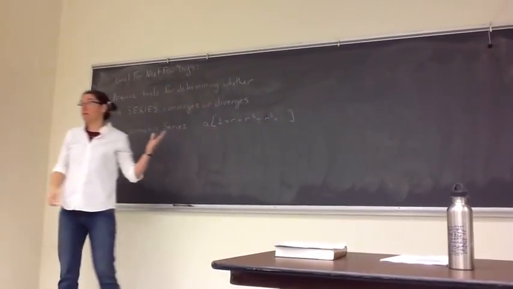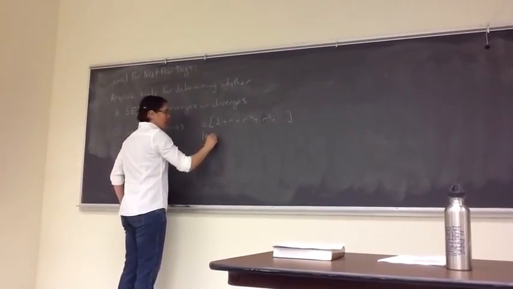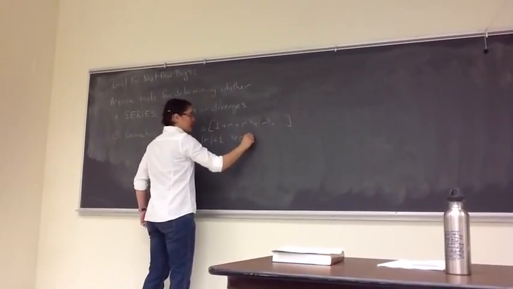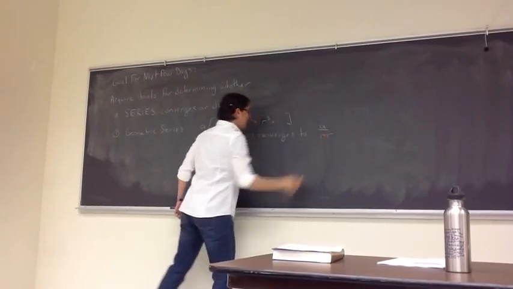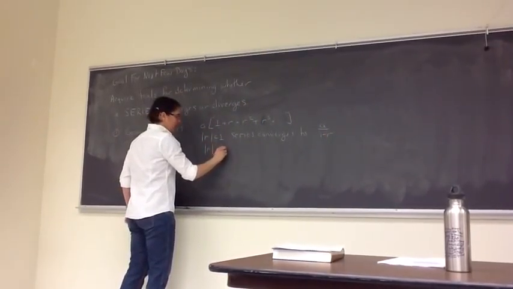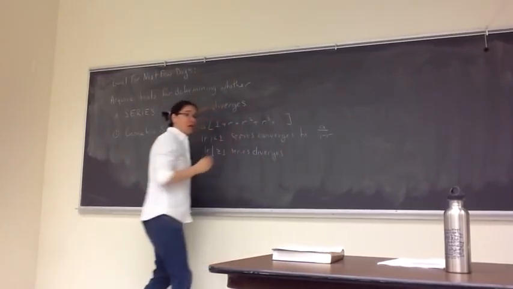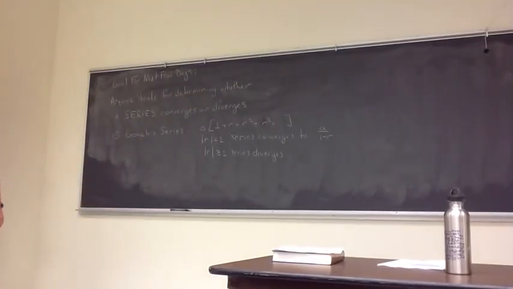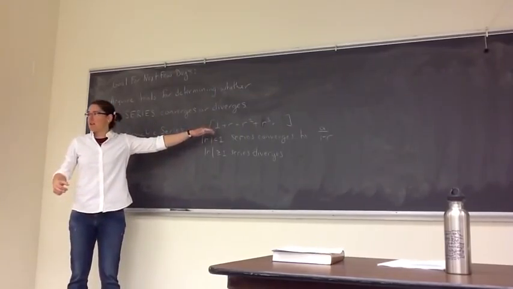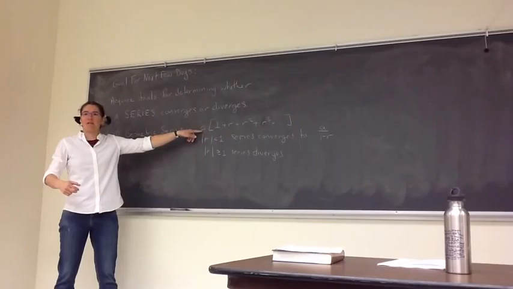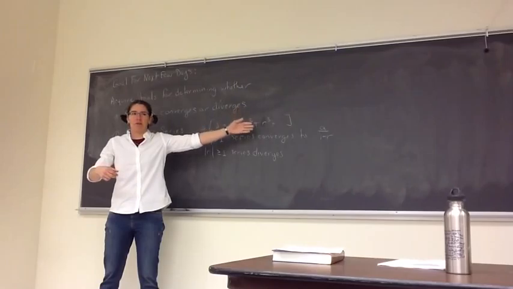We have a tool for determining when that type of series converges or diverges, and what we look at is when the size of r is less than 1, the series converges to a over 1 minus r, and when the size of r is greater than or equal to 1, then the series diverges. This is the only tool that we have for looking at series, and there are plenty of series out there that are not in this form, where it's not possible to factor out one constant out of every single term and then have what's left over be 1 plus a number plus that number squared plus that number cubed, etc.